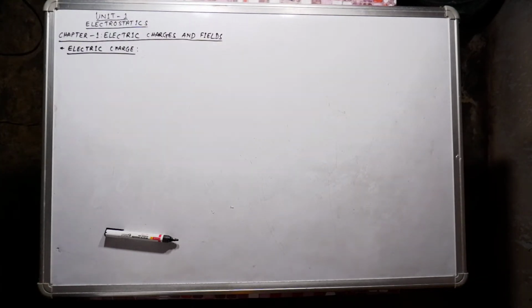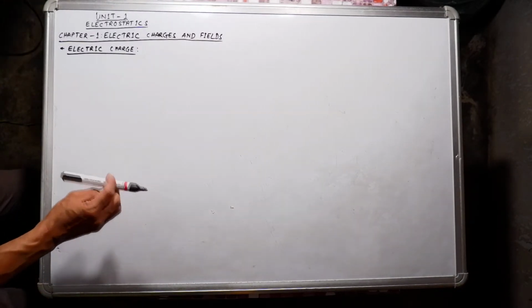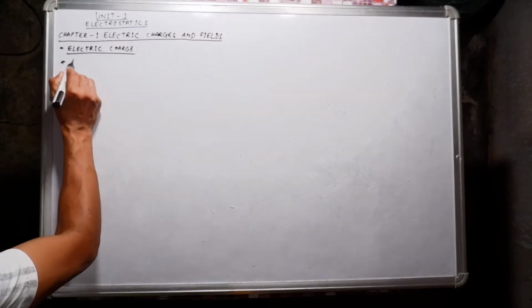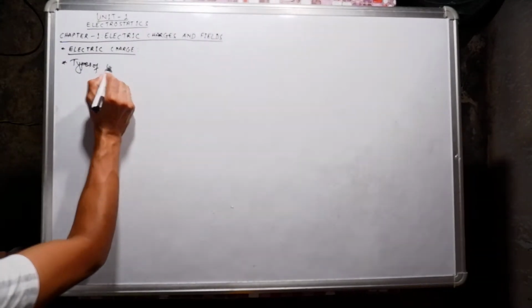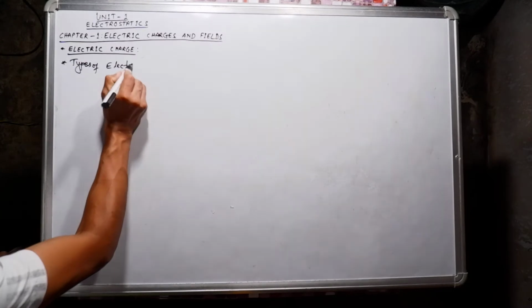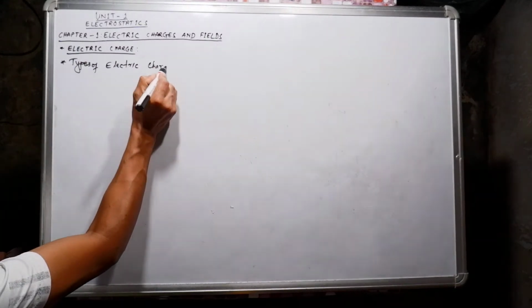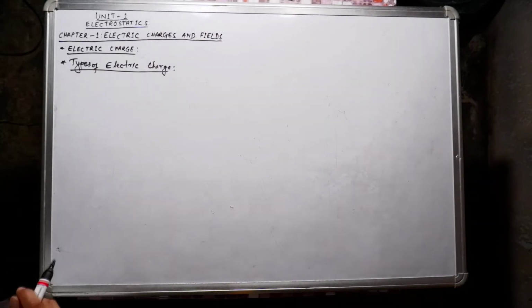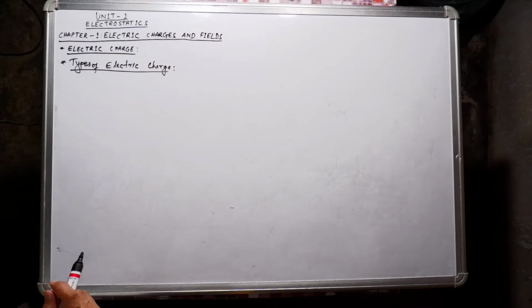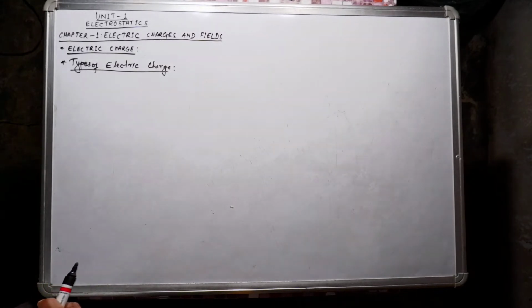Now let us go to the next topic, the types of electric charge. There are two types of electric charge, positive and negative. Positive is commonly carried by protons, and negative is commonly carried by electrons.